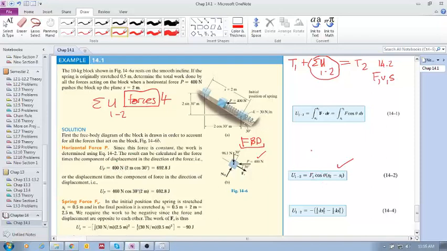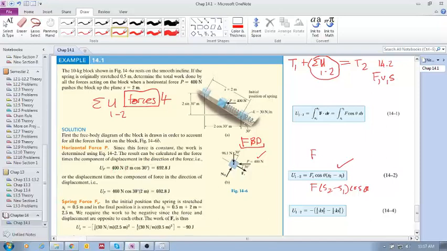Remember, you can either do F cos theta times the displacement, or F times S2 minus S1 times cos theta. They're both the same. So the work done due to the constant horizontal force is 400 times 2 meters.